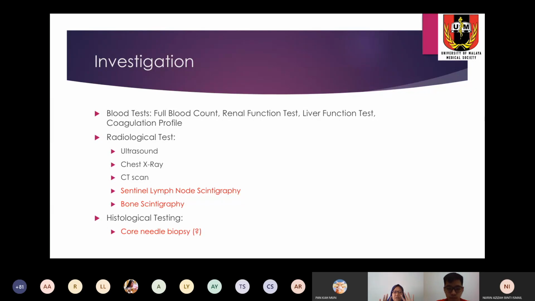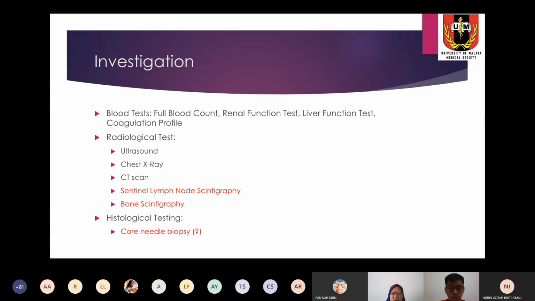But what are the advantages and disadvantages of these two investigations? When you do fine needle aspiration, you can definitely see the abnormal, atypical cell. You can see ductal carcinoma, but you can't really differentiate between in situ and invasive.